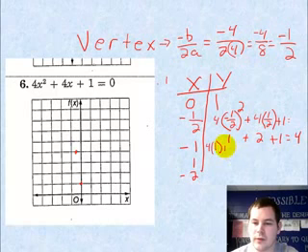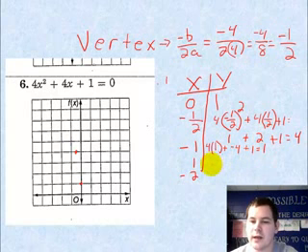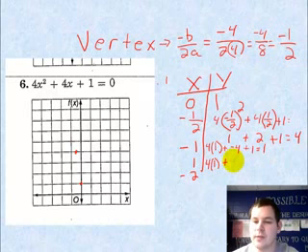Still have my 4 out there, plus 4 times a negative 1 is a minus 4, plus 1. So 4 minus 4 is 0, plus 1 is equal to 1. So now I have 1 squared, which is just 1, times 4. Now I have 4 times 1, which is just 4, plus 1, which is 9.